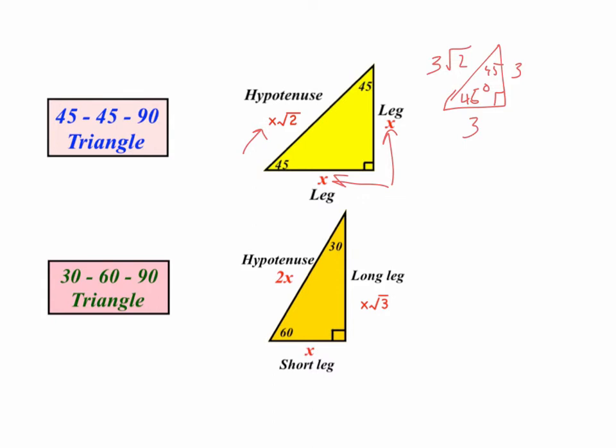And then we're done. If you want to go the other direction, let's say you have a 45-45-90. I'll draw it the other way just for variety. If you start with the hypotenuse this time instead, let's say you knew the hypotenuse was 5. Well, in the first triangle, we started with 3.